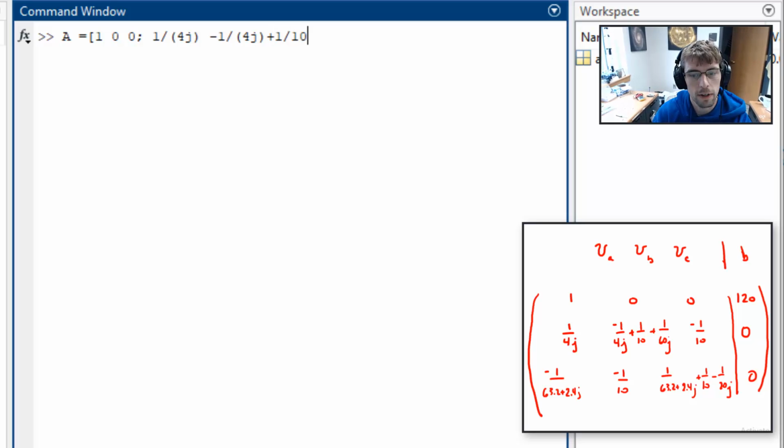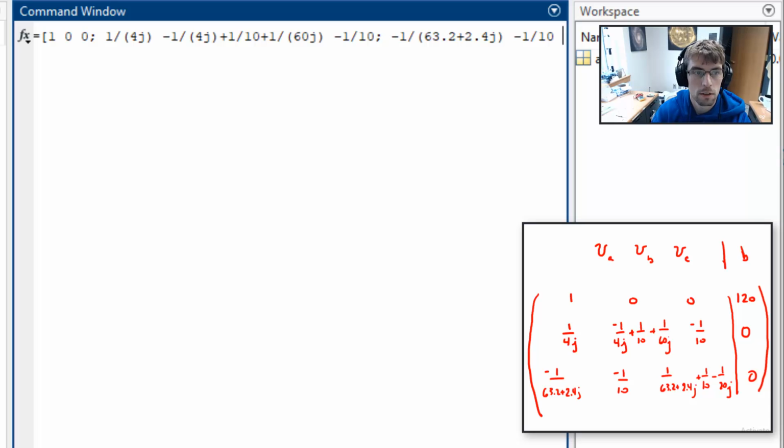So I'll leave it as a fraction, plus 1 divided by 60j. So there's my b, and then I have negative 1 over 10, my c. Lastly, negative 1 divided by, generous use of parentheses is always a good idea, 2.4j. Next one, negative 1 over 10.